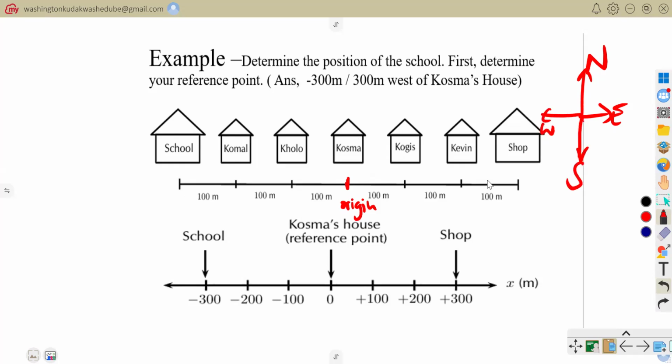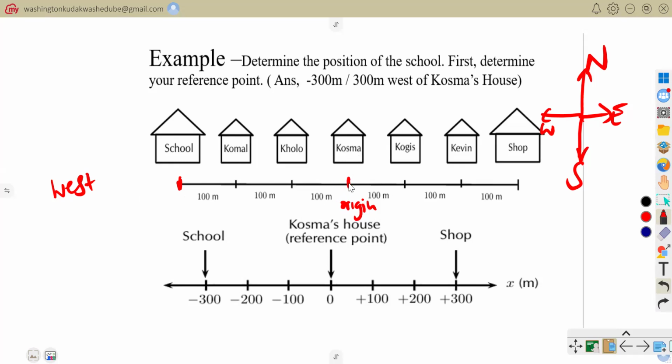west. Now if we want to know the position of the school, we would be positioning the school in reference to Cosmos house, because that is our origin. You would see that the school is in the westward direction. So the school is west of Cosmos house.